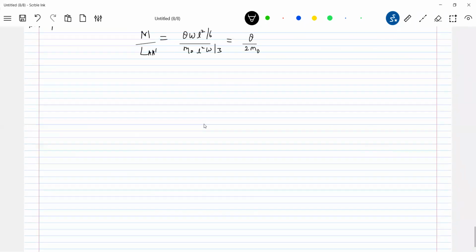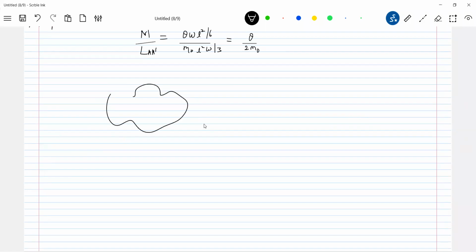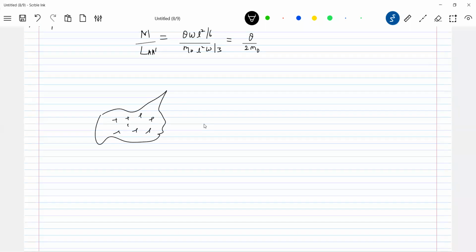So finally, what I say, any arbitrary shape you can see, non-conducting. It's having a charge q. It's having a mass m. Then let it rotate about any arbitrary axis, I'm just showing an axis like this, with omega.